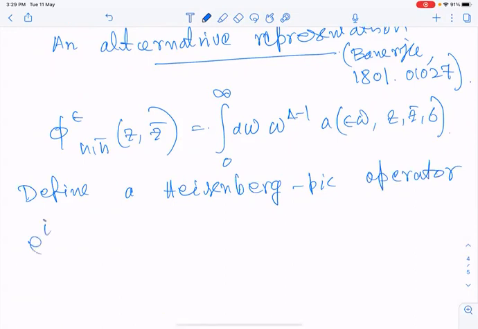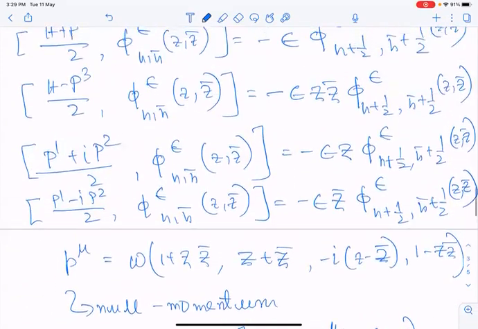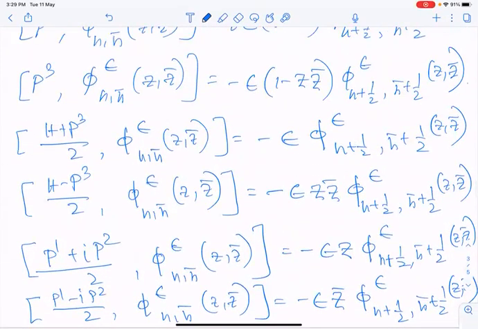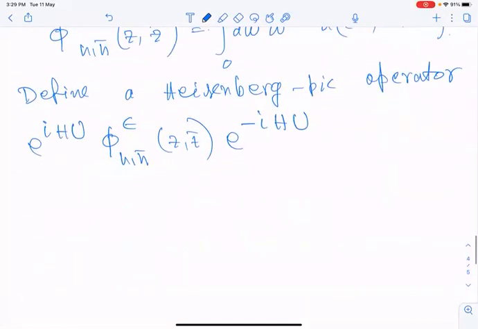You can define it as exponential of i H times capital U, where H is the time translation. In fact, instead of this you can also use H plus P3, actually H plus P3 over 2, but let me just do it this way.